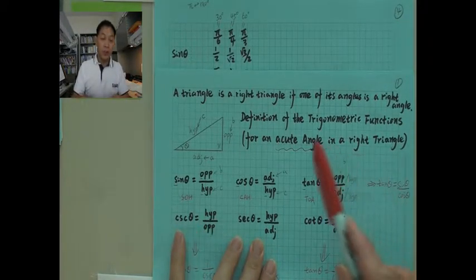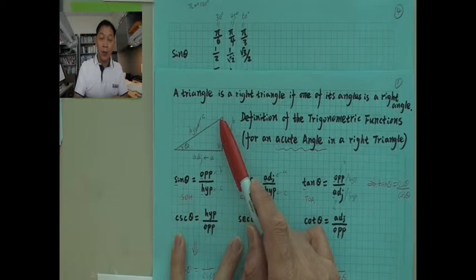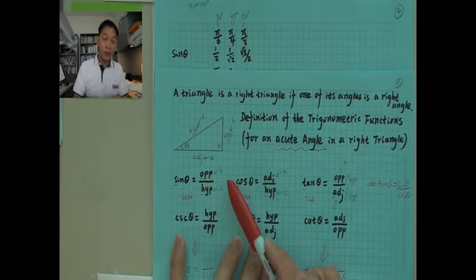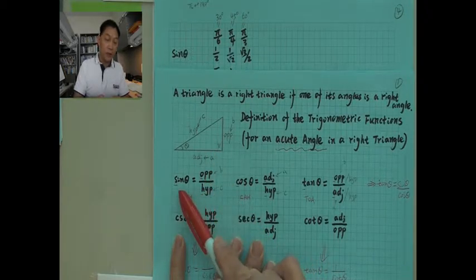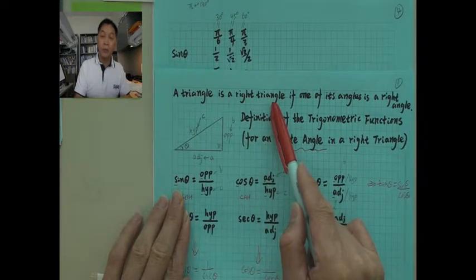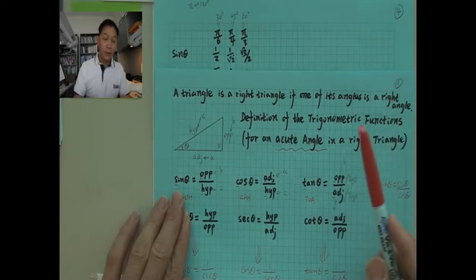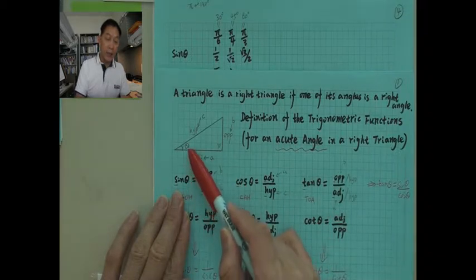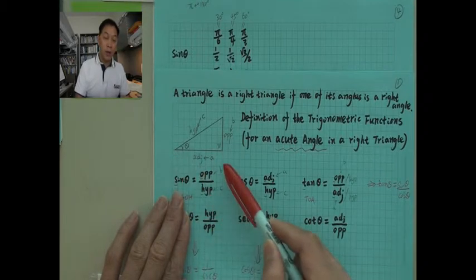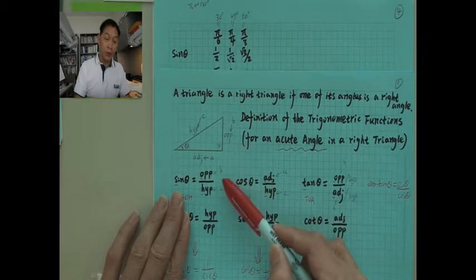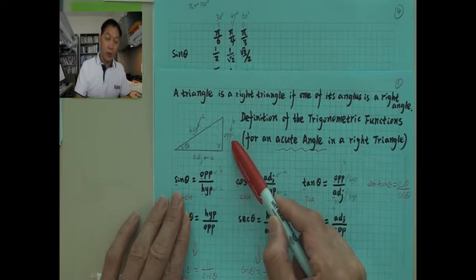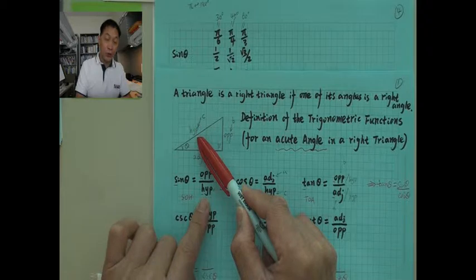The first definition we got for the sine and cosine trigonometric functions is that we define sine in a right triangle. Sine theta is the opposite side over the hypotenuse. So it is B over C, or opposite side over hypotenuse.